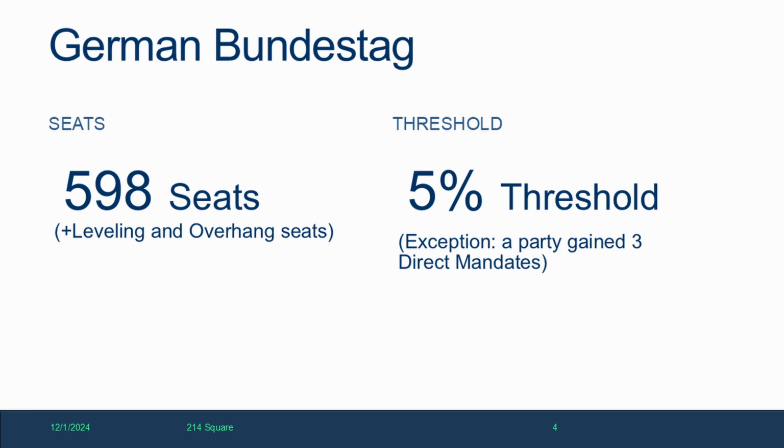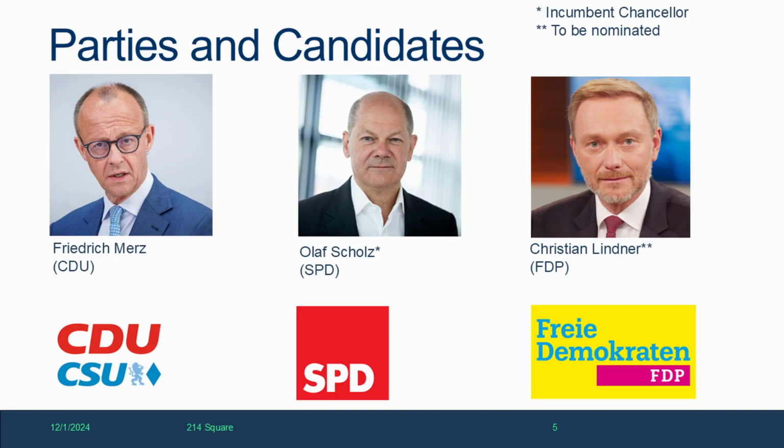This is something installed after the Weimar Republic to avoid that the parliament is unable to act. Anyway, if a party gained 3 direct mandates, then the party can enter parliament again, even if they don't have 5%.